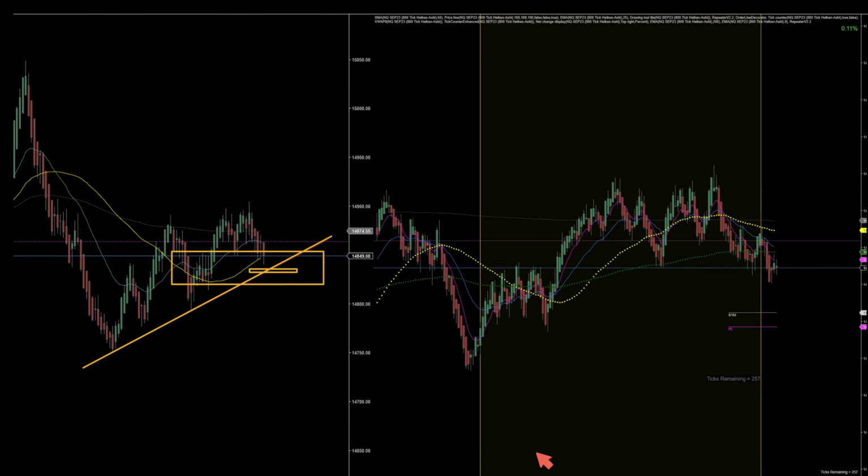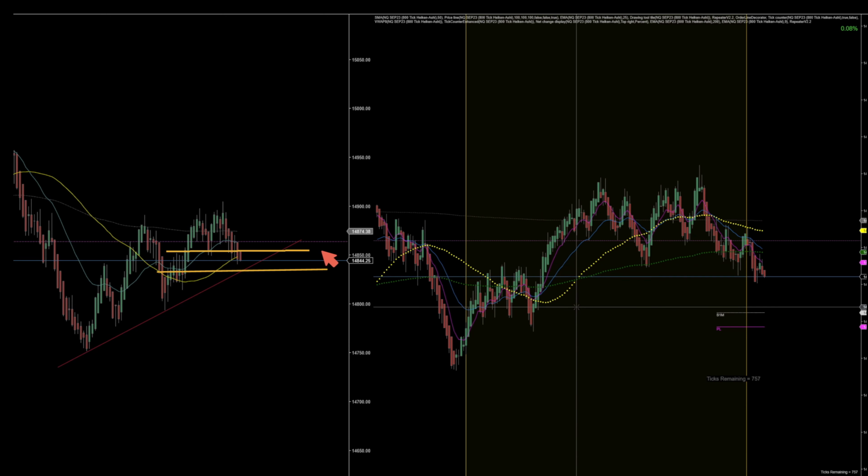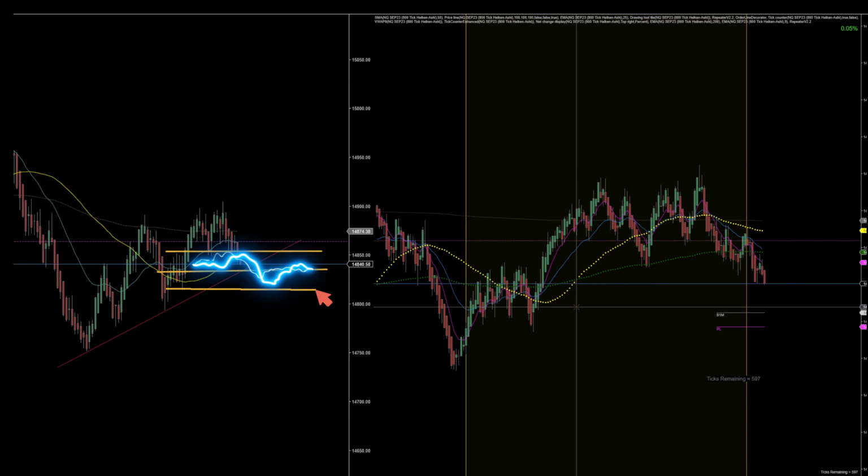Or the price may continue down with maybe a fake out here, then a couple more fake outs, and continue down toward that previous strong move down. There are a couple of ways I am expecting, and the price may also just go sideways in this zone. It's a pretty choppy zone, this area here.